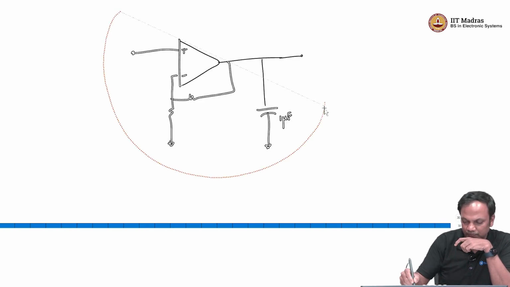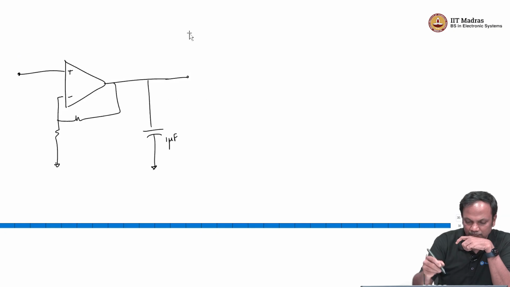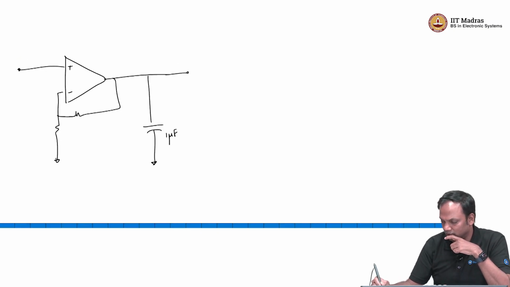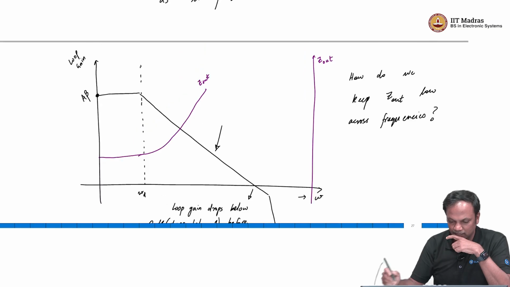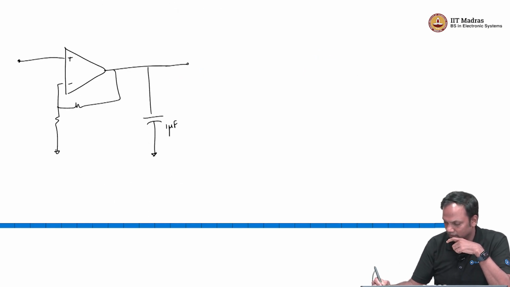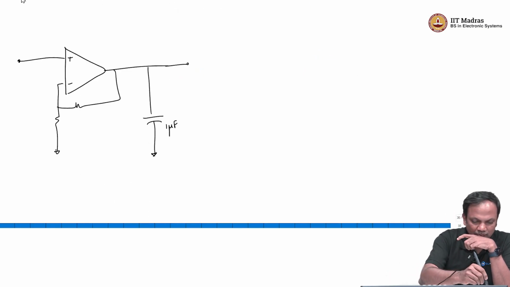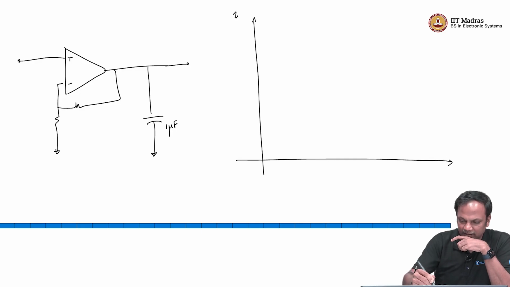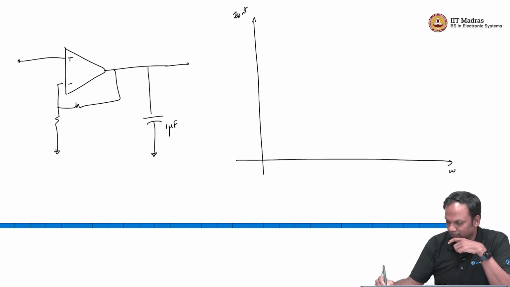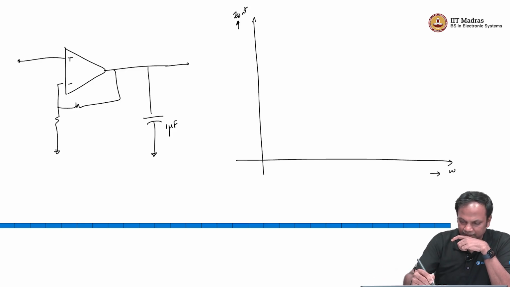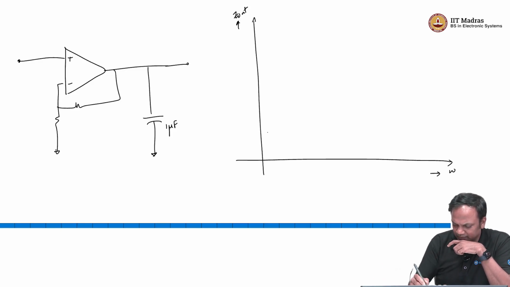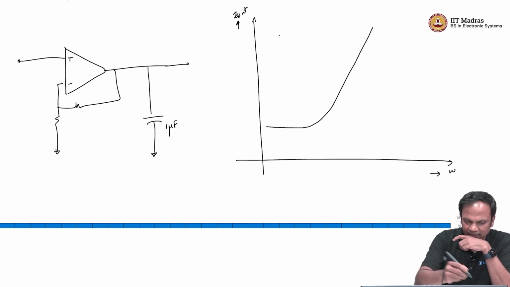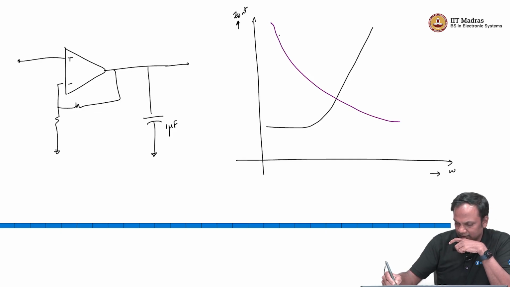So, now let us say I am plotting Z out as a function of frequency. The amplifier might do this, but the capacitor does this.